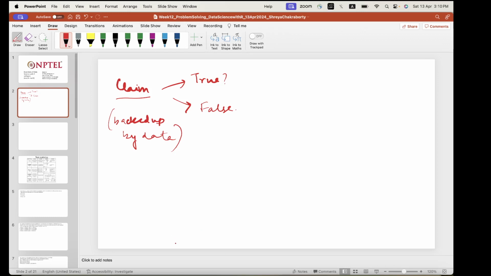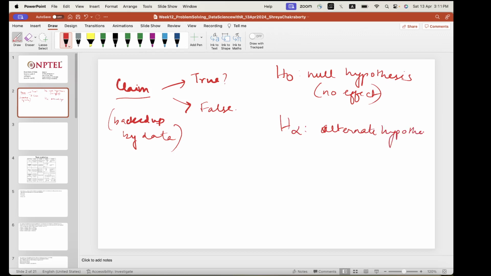So here we have introduced two concepts, which is H naught, the null hypothesis, which is indicative of a no effect situation, and this would be the alternate hypothesis, something that we would like to believe in, and we would reject null in favor of this one. Okay, so there are always two hypotheses that we are considering.